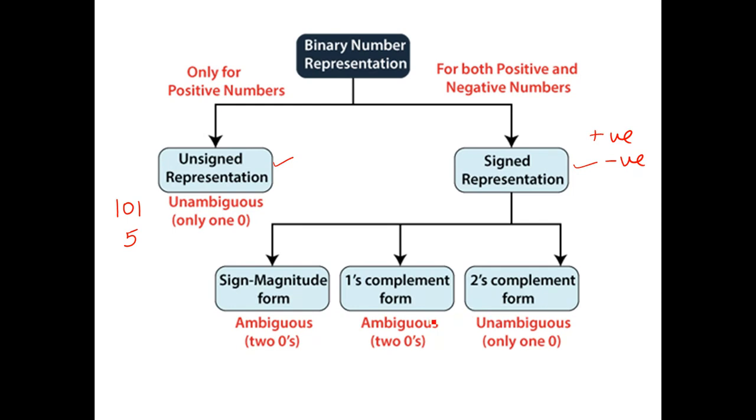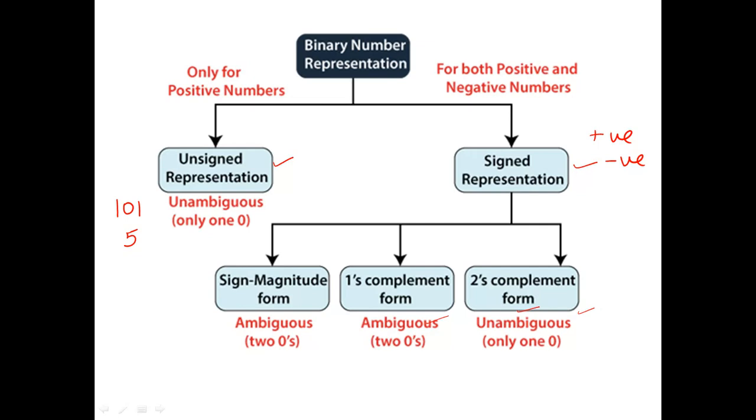And 2's complement form. The 2's complement form is obtained by taking the 1's complement of the number plus 1 to the least significant digit. So for a positive number, it will be in binary form, and for a negative number, it will be in 2's complement form.